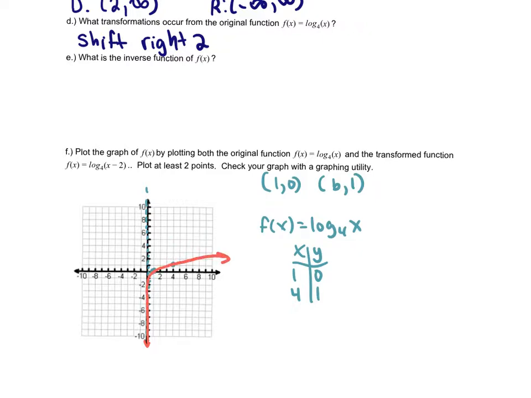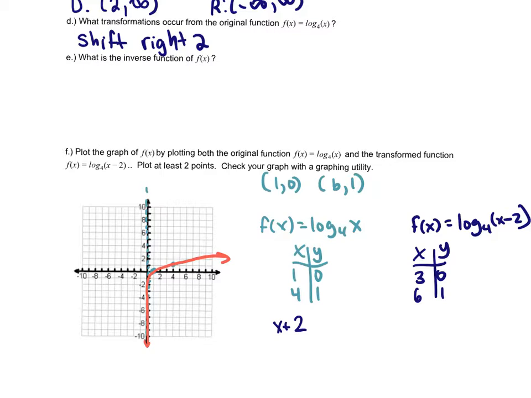Now the only thing I'm doing for my new function is I'm going to shift it right 2. So when I look at f of x equal log base 4 of x minus 2, that's shifting it right 2. So all I'm really doing is I'm adding 2 to all the x's. So for those 2 points, it's going to become 3, 0, and 6, 1.